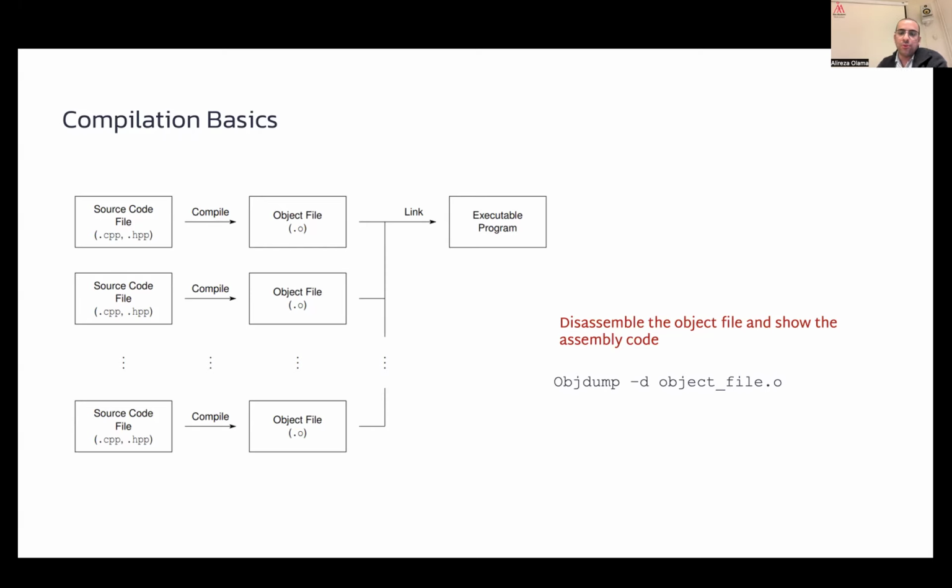And if you want to see the content of an object file, if you want to disassemble the object file and see the assembly code, you can use the objdump utility that comes on Unix-based operating systems like Mac and Linux, right? Okay, so I don't show it here, but you can try it by yourself.